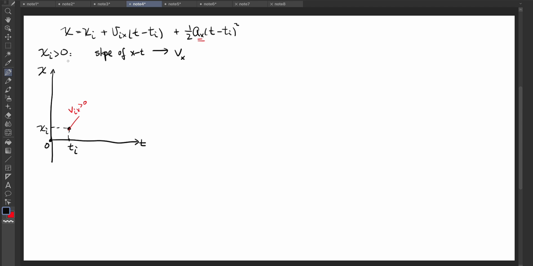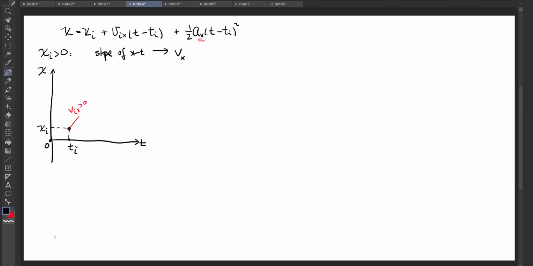Remember we talked about the concavity of a curve and its relation with ax, right? Curving down, or convex, means ax is negative. Curving up for the x(t) diagram, or concave, means ax is positive, right?